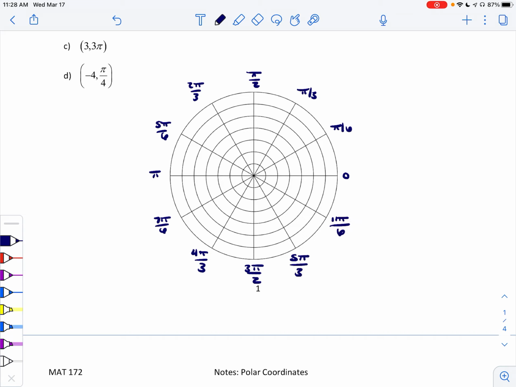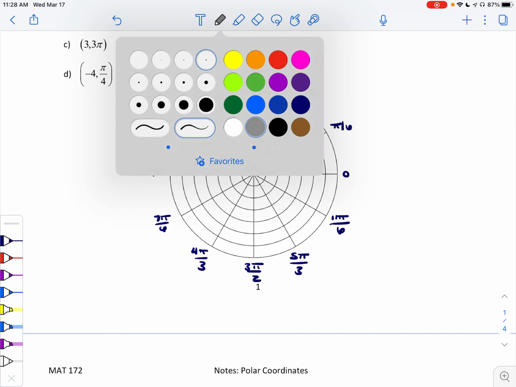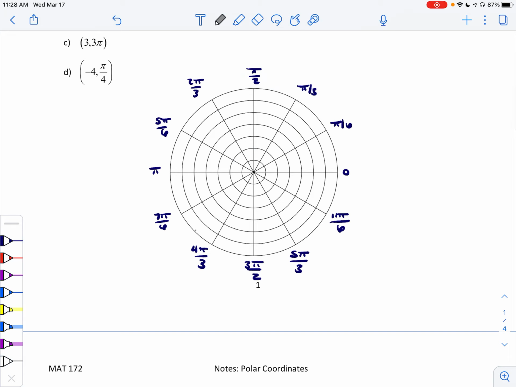So all of our 30 and 60-degree angles. And of course, if you wanted to sort of add your 45s in there, you can just sort of think about that midpoint in between. So that would be our 45s. So our pi over 4, 3 pi over 4, 5 pi over 4, and 7 pi over 4.